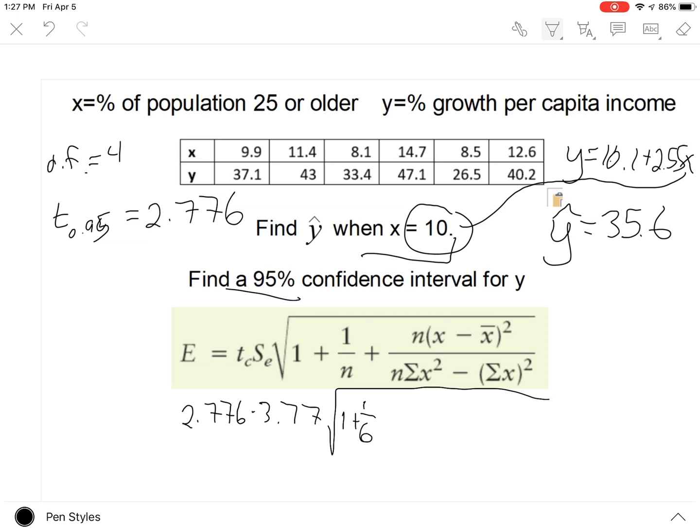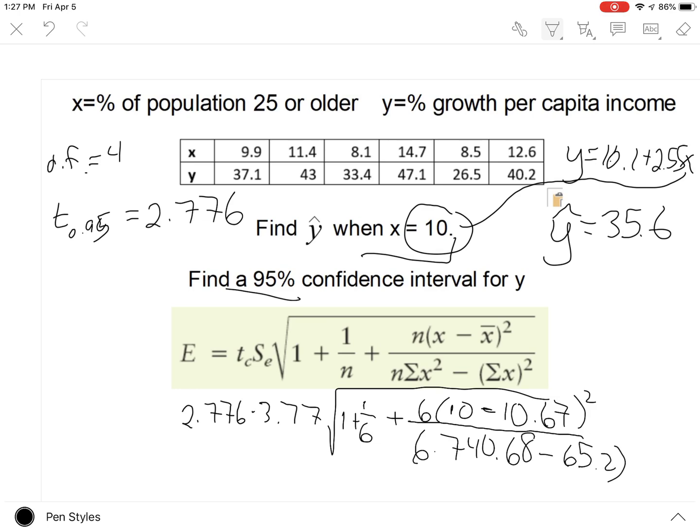Oh, I forgot about the 1 plus 1/6 in parentheses. Now that x is going to be what I plugged in for x here, and that's 10, minus the average, x bar. And I know I didn't talk about where to get those, but I will here in a second. Divided by 6 times 740.68, take away 65.2 squared.